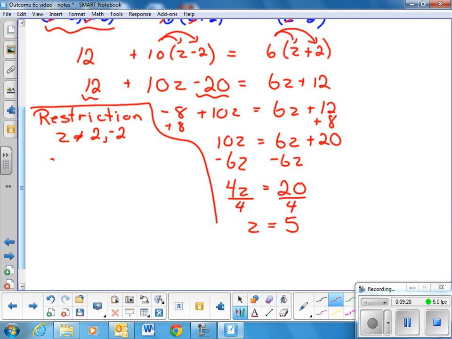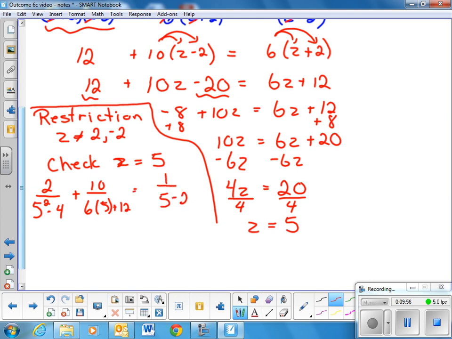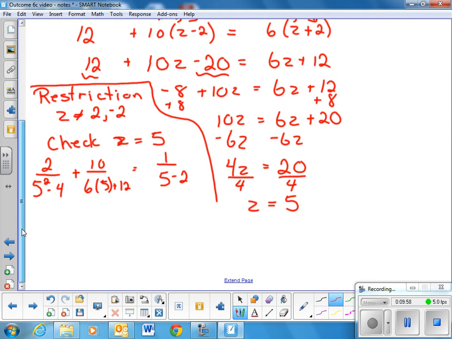We need to check our answer. So we want to check to see whether z equals 5 actually works. So putting 5 back into that original equation gives us 2 over 5 squared minus 4, plus 10 over 6 times 5 plus 12 equals 1 over 5 minus 2.